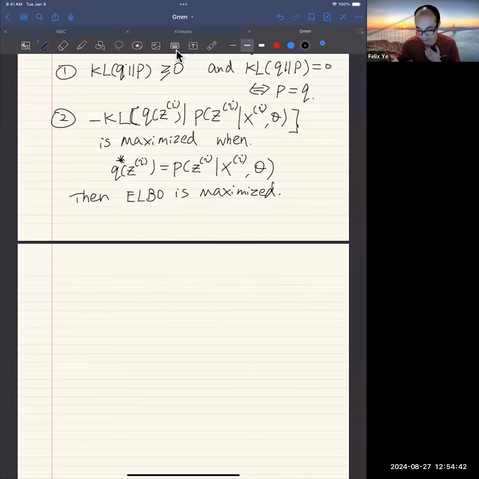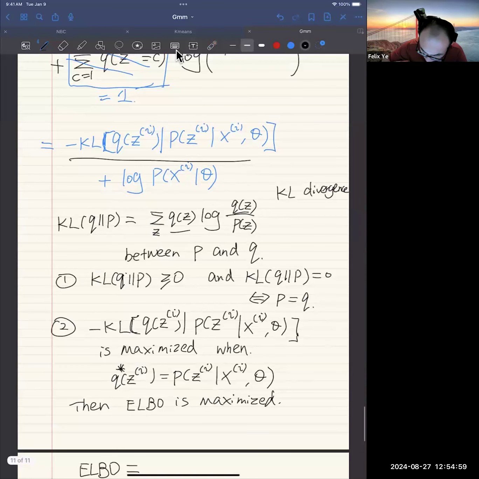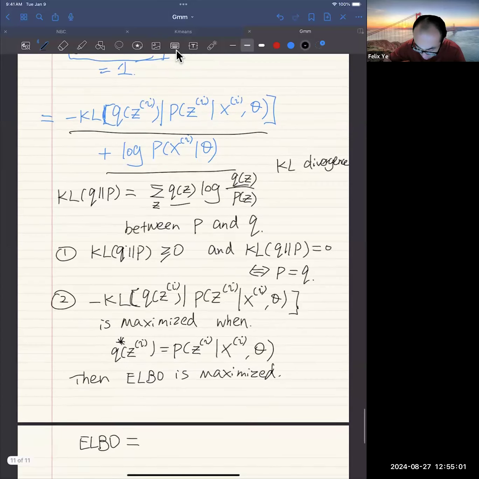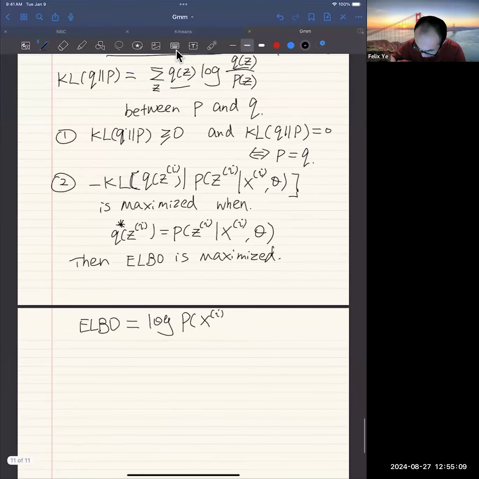And the most important part is, if we set it like that, then this KL divergence part is just equal to 0. Then the ELBO only has the second part, which is the sum of the logarithm of the probability of x_i conditional on theta, for i from 1 to n.